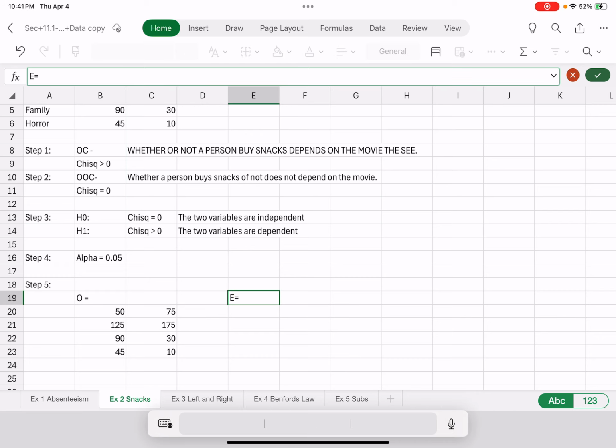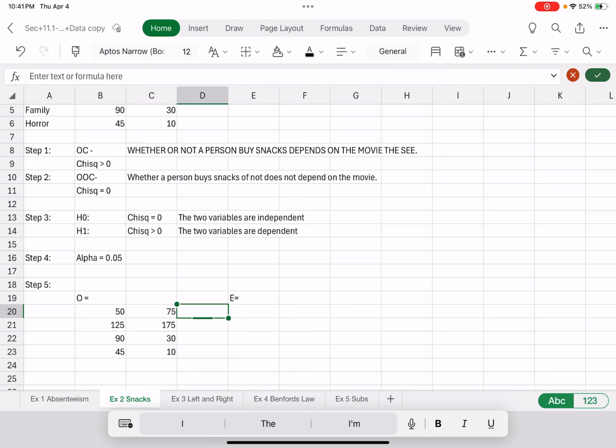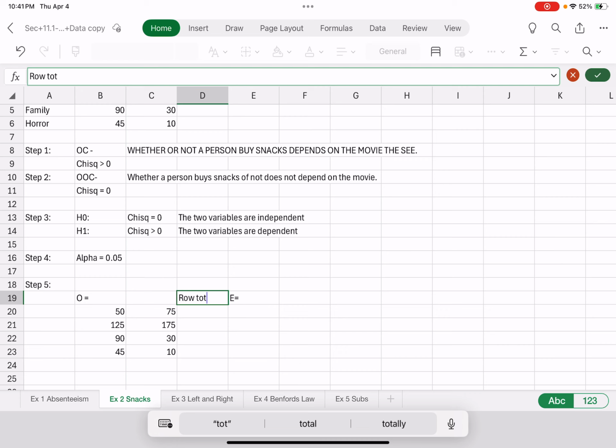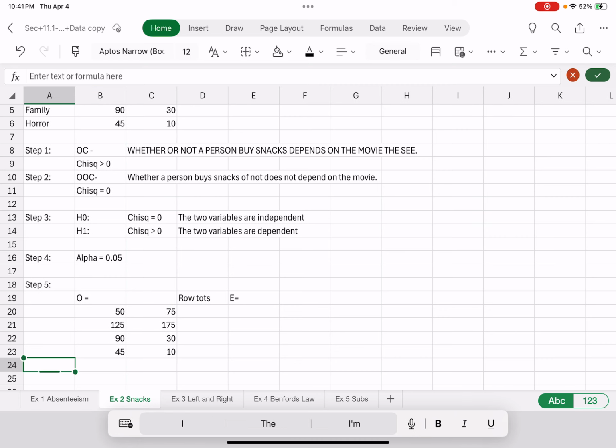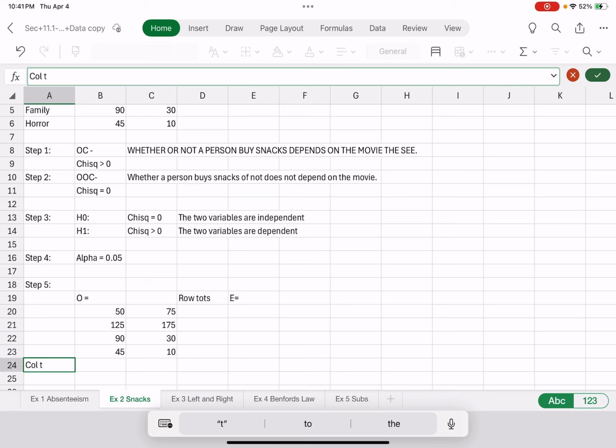Expected, E equals. Now the reason I saved space is because I'm going to want the row totals and column totals. And so here's what I'm going to do. I'm going to do row totals. That's the row totals. This here is going to be column totals.